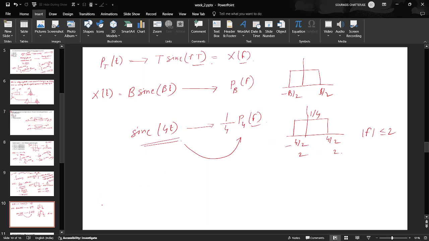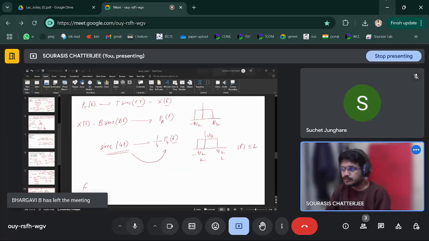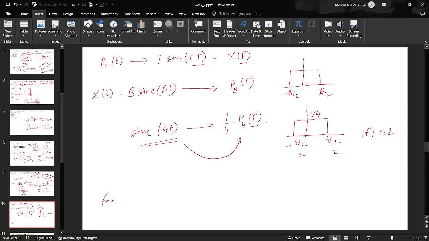So basically the frequency domain representation is given as 1 over 4 whenever the absolute value of f is less than or equal to 2, and 0 outside this range.